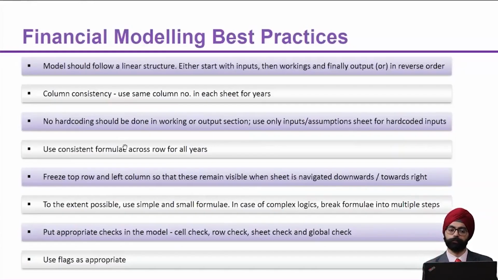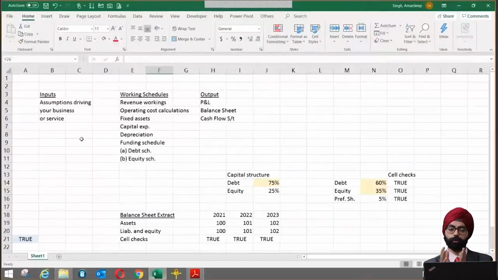Number one, the model should follow a linear structure. What I mean by a linear structure is the sequence I was talking about, where you start with inputs, go to the working, and finally the output.